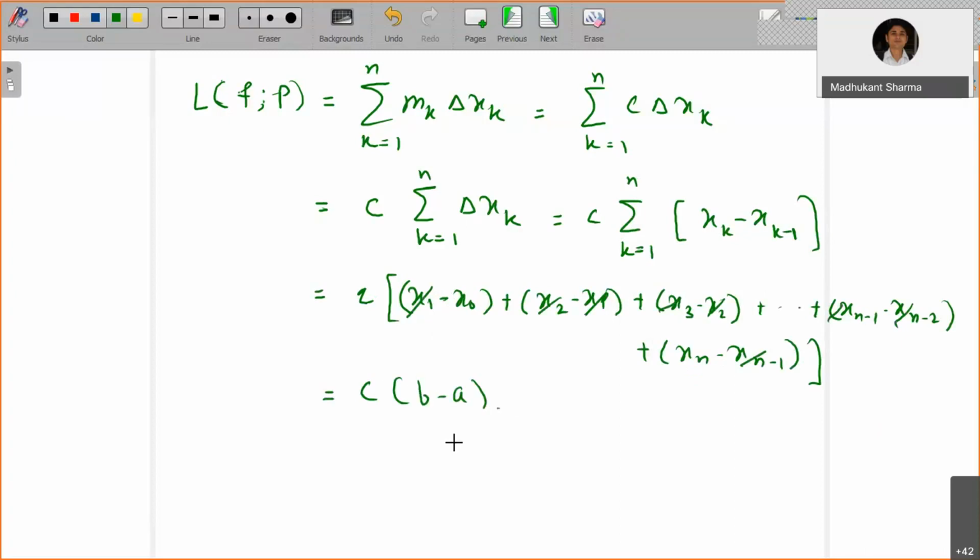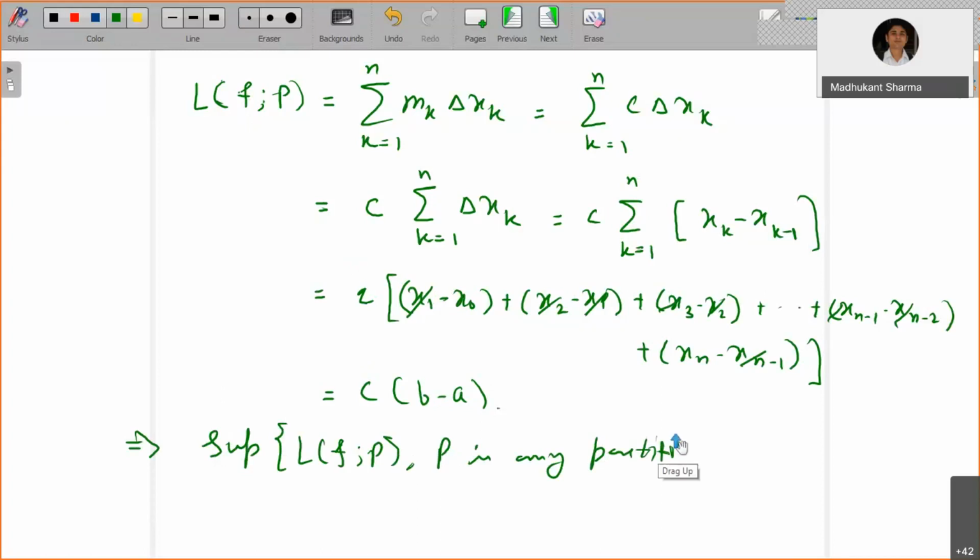Similarly, you can go with U(f,P) as well. Now this is a constant, a fixed number, irrespective of any partition P. So this implies the supremum of L(f,P), where P is any partition of I, is still c times b minus a, because these are fixed.